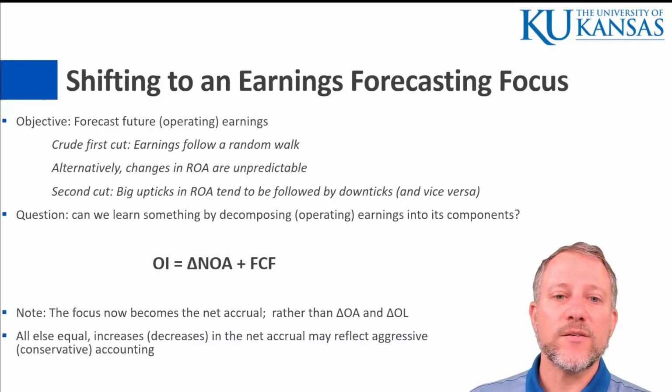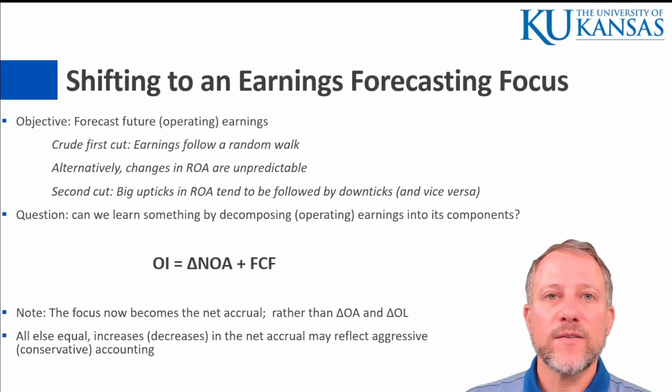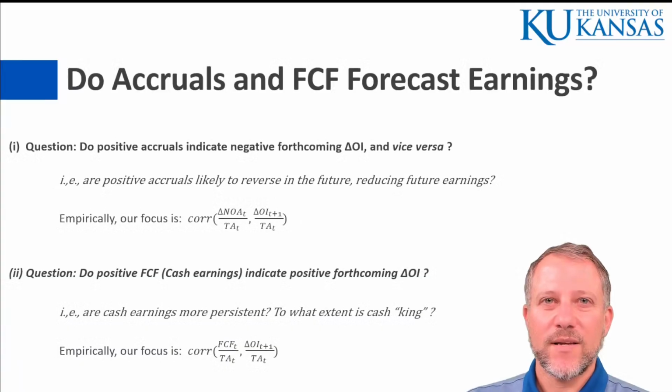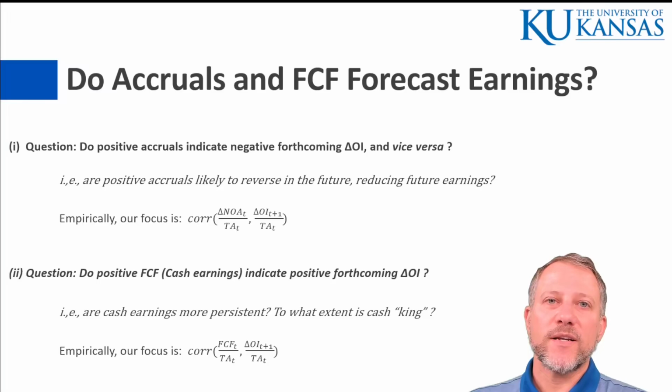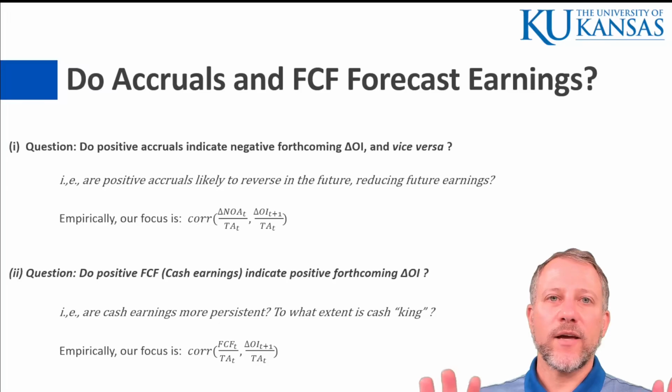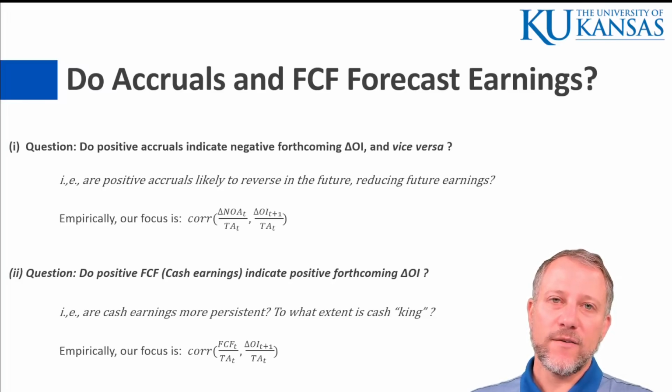And again, that's due to accounting conservatism and the reversing nature of accruals. So now that I've teed up why in this earnings forecasting perspective we're going to focus on the net accrual, we can step back and look at both components, the net accrual and the free cash flows, and think through their implications for changes in future earnings.